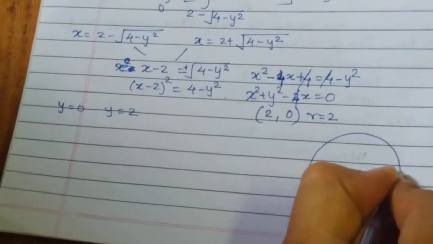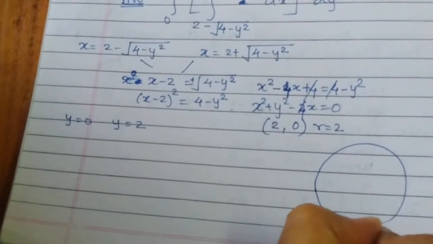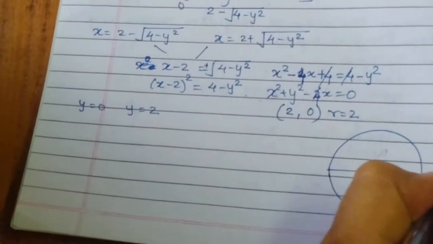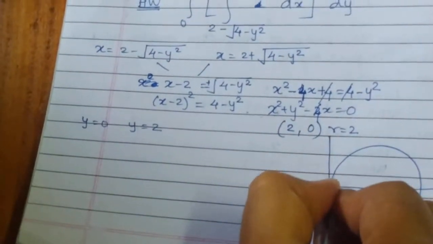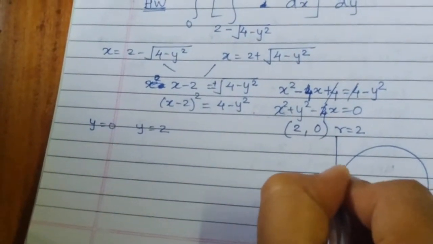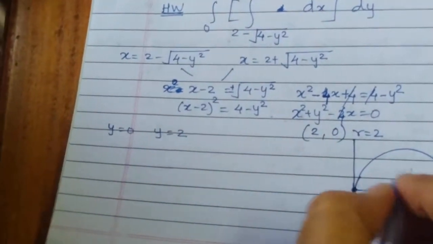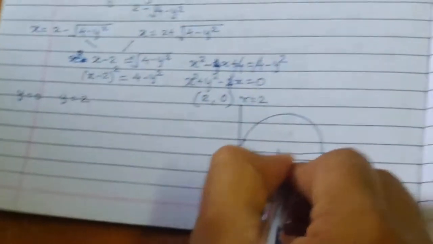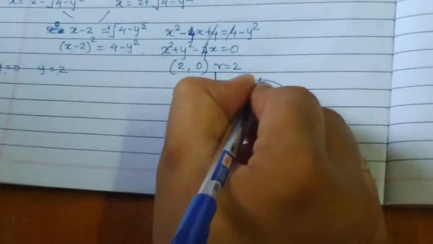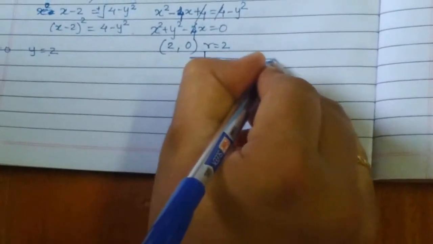So we have a circle here, center at 2 comma 0 and the radius is 2. Of course your circle passes through the origin. Here it is 2 comma 0. Second is y is equal to 0, that means your x-axis, and y is equal to 2 means this one.